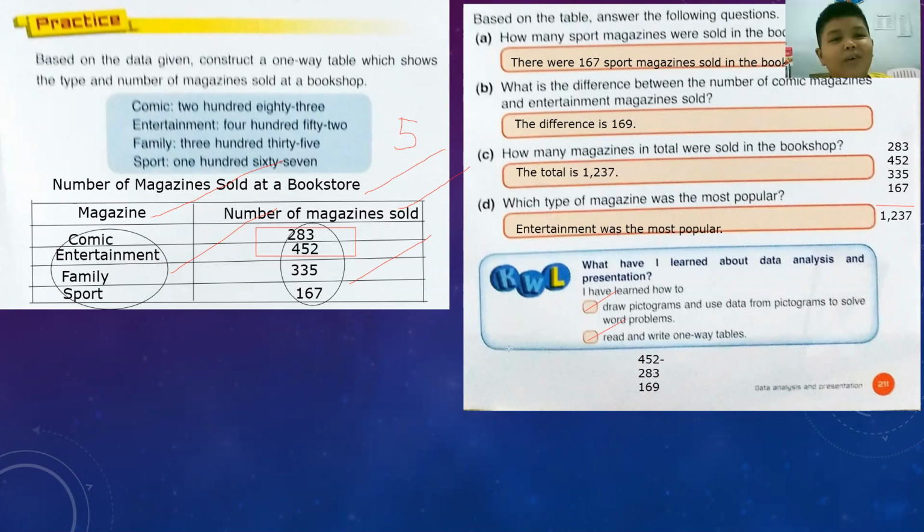Okay. You have to check this one. 1, 2, 3, 4. Okay, 4. You write 4 here. What page? Teacher Chris, in the workbook. Where is my workbook?